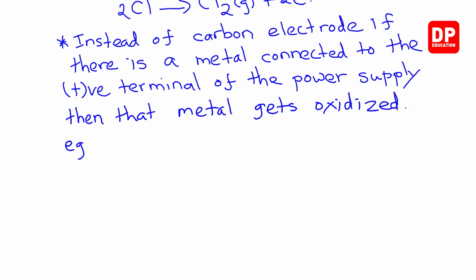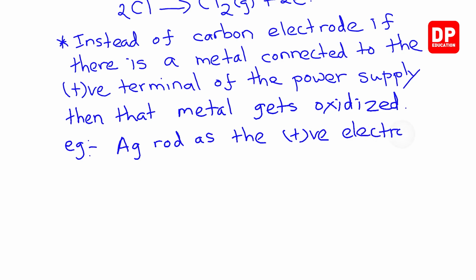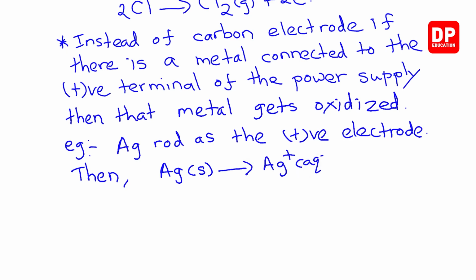For example, if we have silver rod as the positive electrode, then Ag solid becomes Ag plus aqueous by losing an electron.